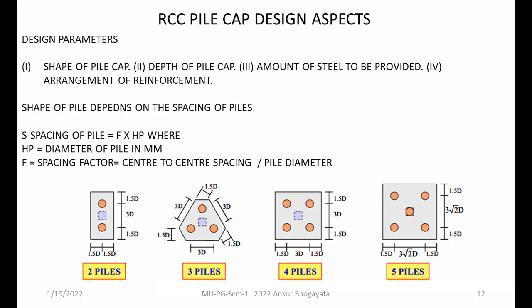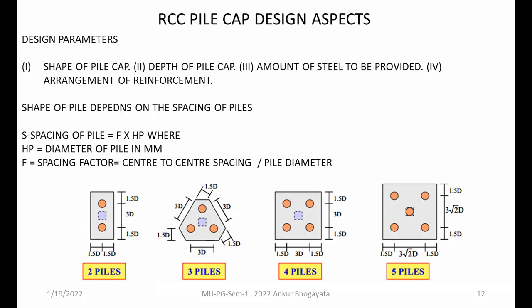The shape of the pile cap depends on the spacing of the piles and how you get the spacing. There is a small equation here where a spacing factor is provided, that is the center to center spacing per pile diameter, where D is the diameter of a pile.